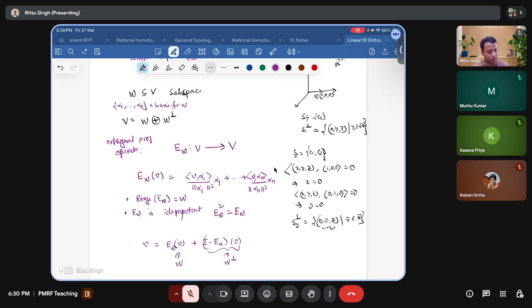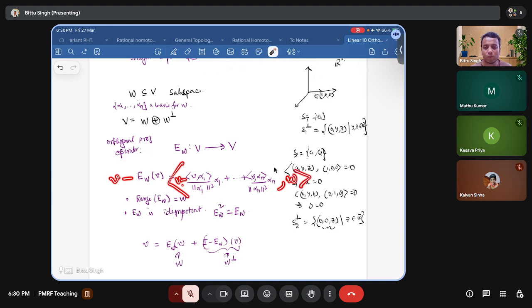You can easily check that if you subtract E_W v from v, then this will be perpendicular to any vector in W, because we have already seen from the Gram-Schmidt procedure that if you subtract these things from v, then the result is perpendicular to the set spanned by alpha 1 up to alpha n.